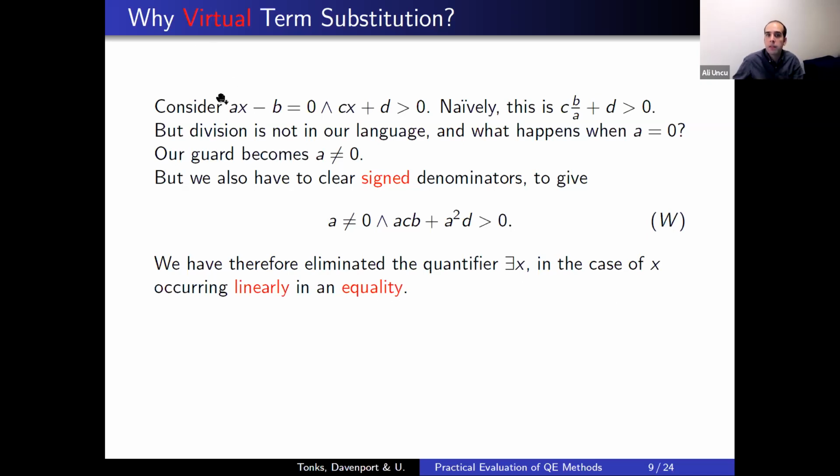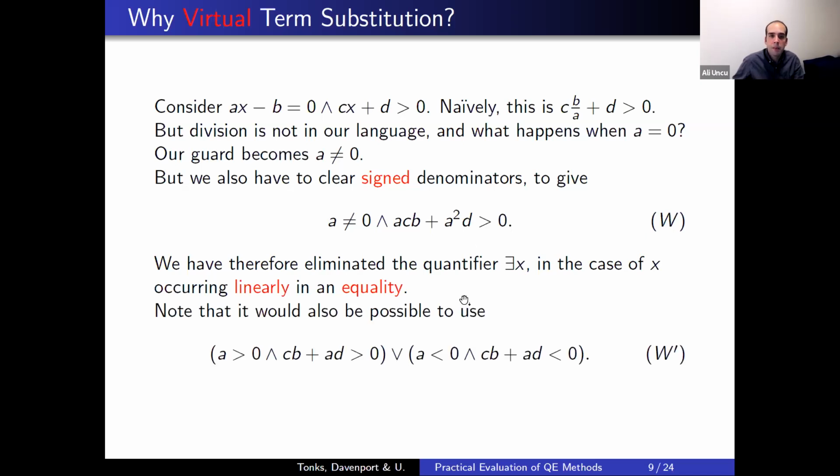But everything was linear before. Now a is quadratic. But there's another way you can eliminate this x. You can split this not-equal-to-0 case into two. You can say when a is positive, we have this inequality, and when a is negative, we have this other inequality. And here, as you can see, we paid the price in the number of branches of different things to check, but everything is still linear.